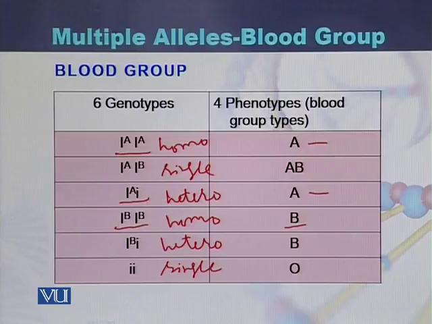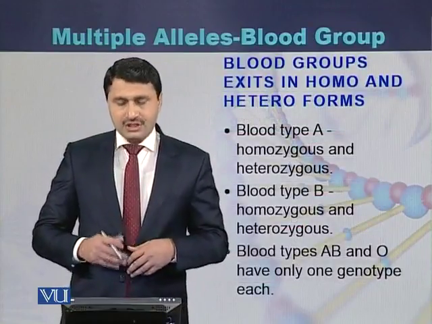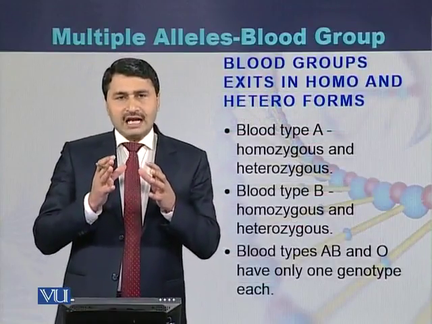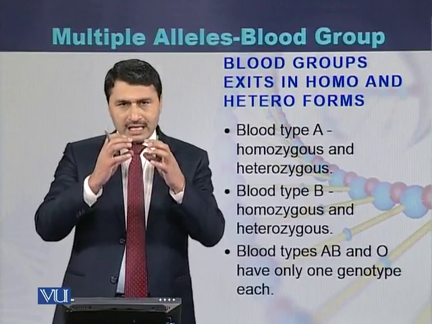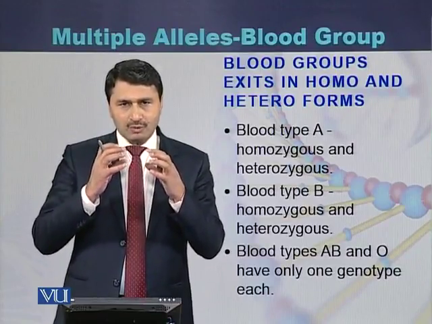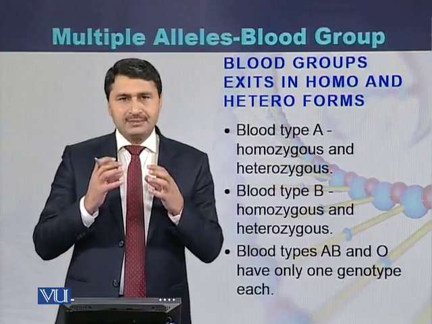Although blood groups exist in positive and negative form. Blood group A can be positive, can be negative. Blood group B can be positive, can be negative. But it depends on the Rh factor which is present on the cell membranes. So there are four blood groups: blood group A, blood group B, blood group O, and blood group AB.